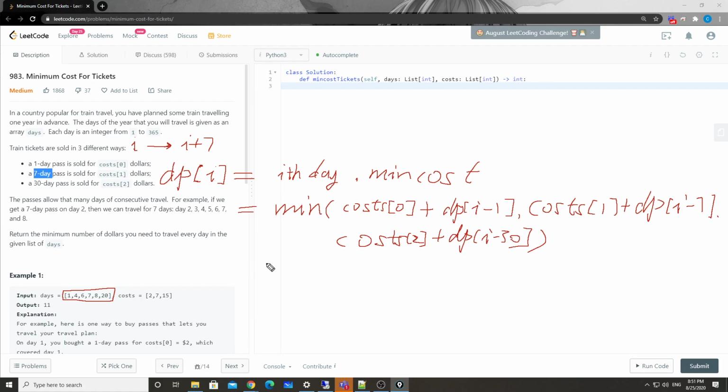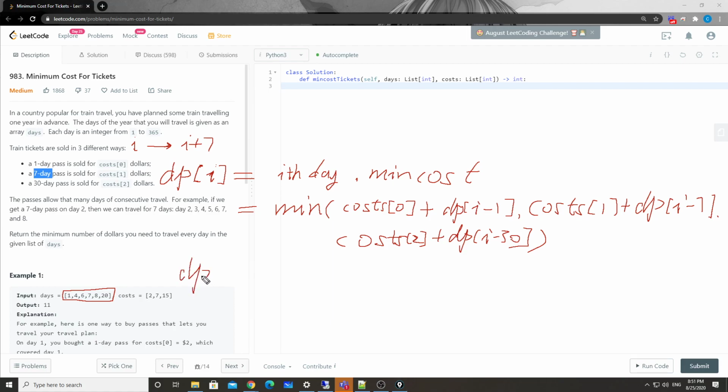So that's the trick here. This dp[i] equals these things only when day i is in the days. So what if day i is not in the days?